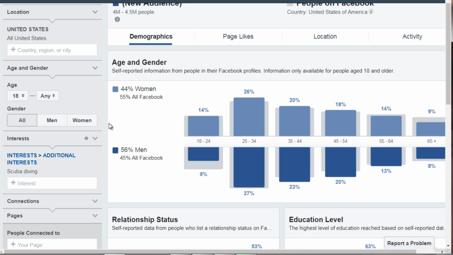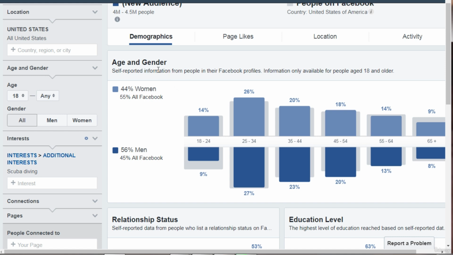Now, if we take a look at demographics, you can see that about 56% are men and 44% are women. So we see that the majority appears to be about 25 up. So it's low here, it increases here, and then it decreases down here. So we can kind of gauge that the large amount of people in this interest are 25 to 34 or 25 to 44.